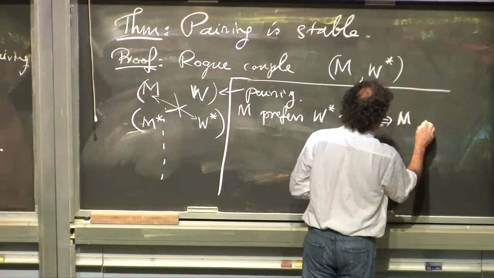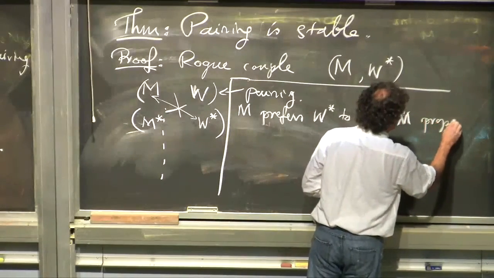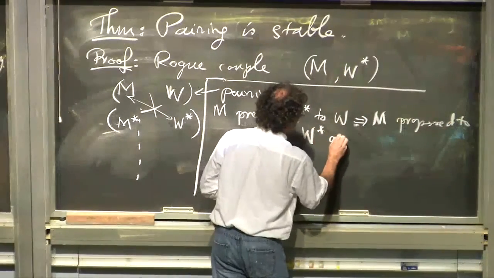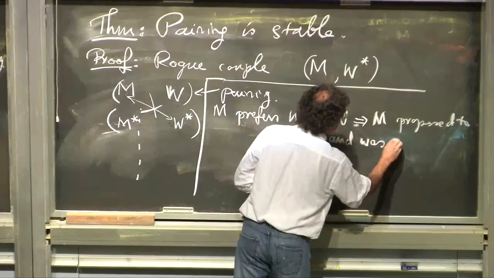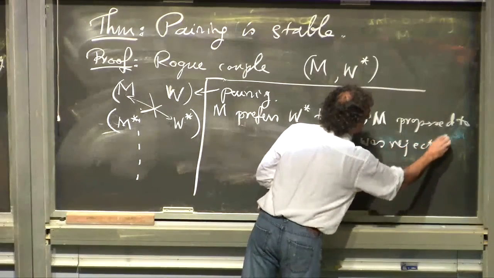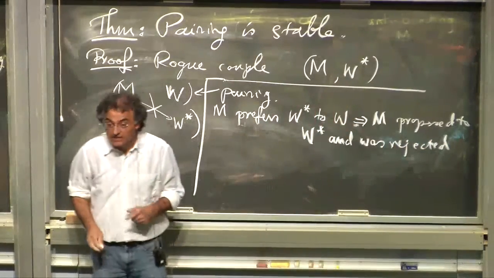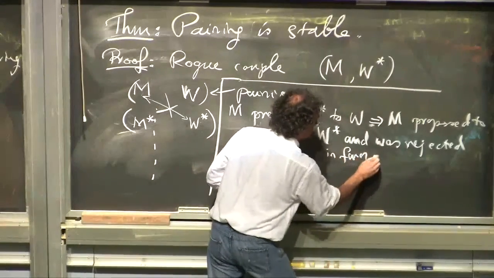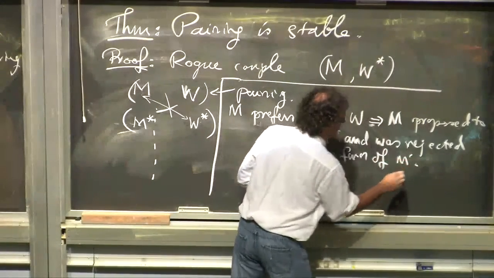M proposed to W star and was rejected, rejected in favor of somebody, M prime.